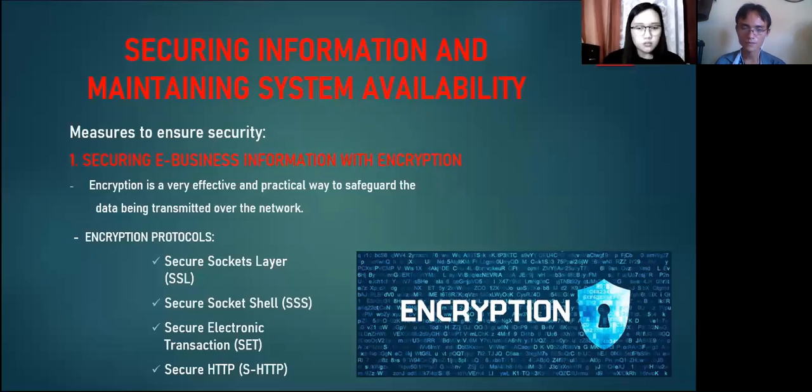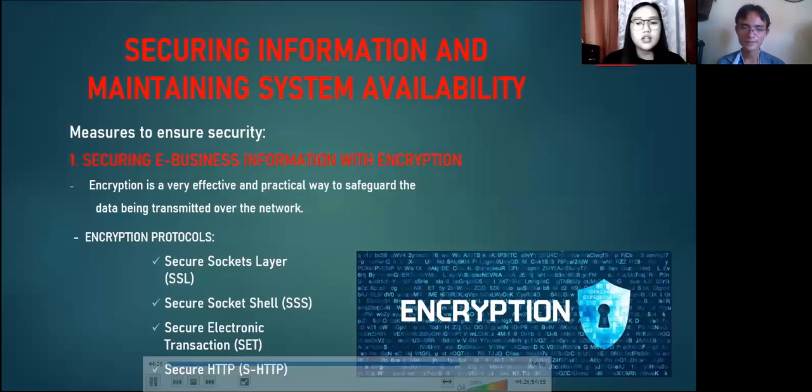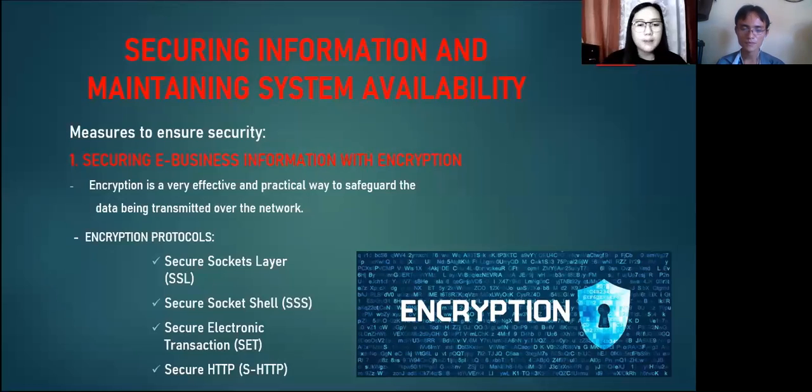While Secure Electronic Transaction or SET is a secure protocol developed by MasterCard and Visa. This mainly focuses on payments, and it is used by e-commerce websites to secure electronic debit and credit card payments.